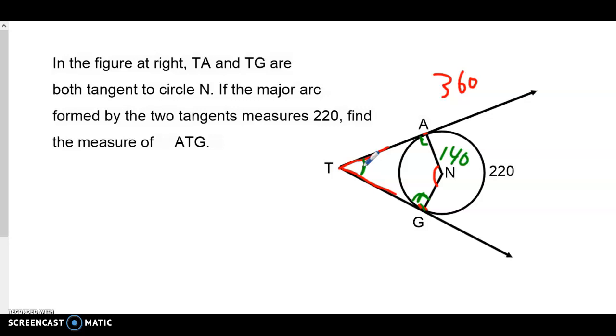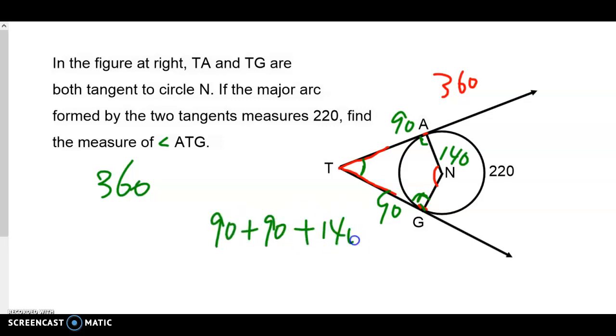If this is 140, this is 90, and this is 90, we can find angle TAG. 90 plus 90 plus 140 is 320.